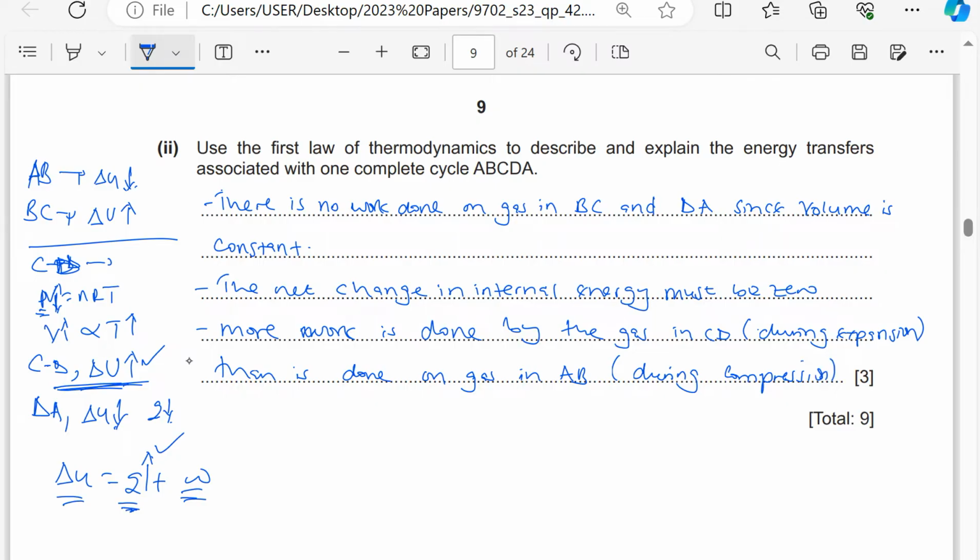So because total internal energy change must be zero, more thermal energy must be transferred along CD than along AB. So overall, there must be an input of thermal energy into the gas.